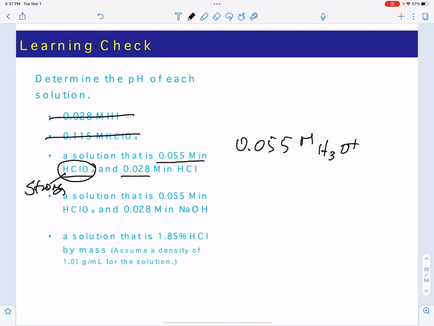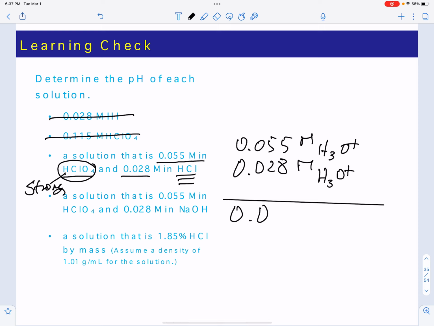And 0.028 molar of another strong acid producing more hydronium. So since both of them are part of the same solution, in reality you have 0.083 molar of hydronium. And all you have to do is plug it into the formula and you get your pH.